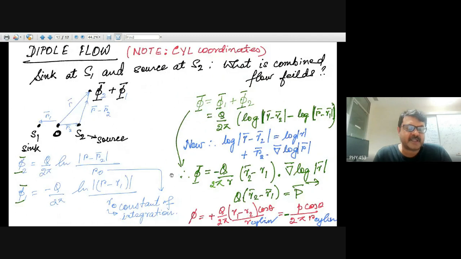So what is a dipole flow? Now, previously the origin was at the position of the source and the sink. Now the origin is here and the source is here and the sink is here. So this is R2, where the source is, and the sink is R1, right?